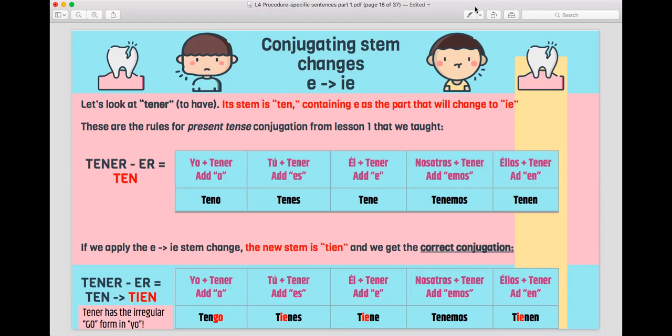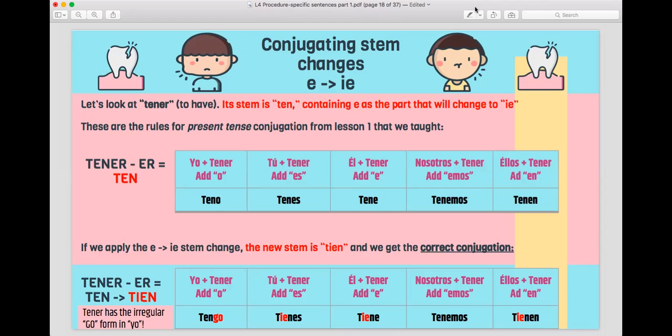You get your stem by removing the ER, you get ten, and then you'd add O, S, E, emos, and N to get what you would think would be teno, tenes, tene, tenemos, tenen. But since we know this is a stem change, we know that this is incorrect.